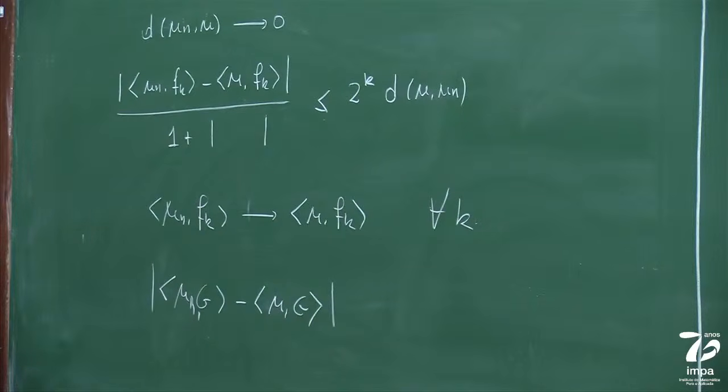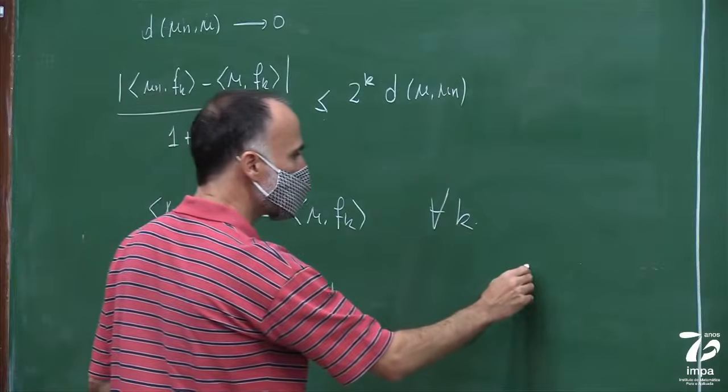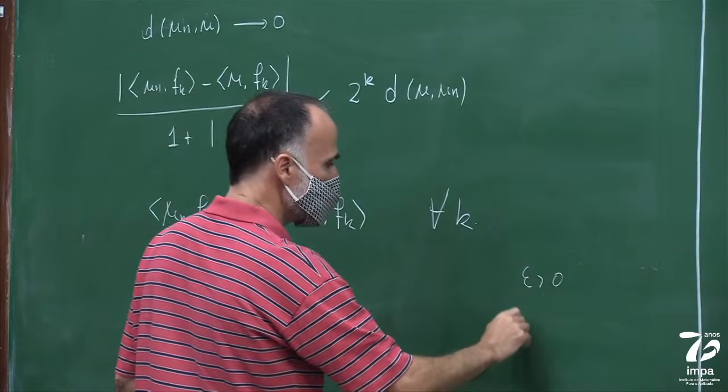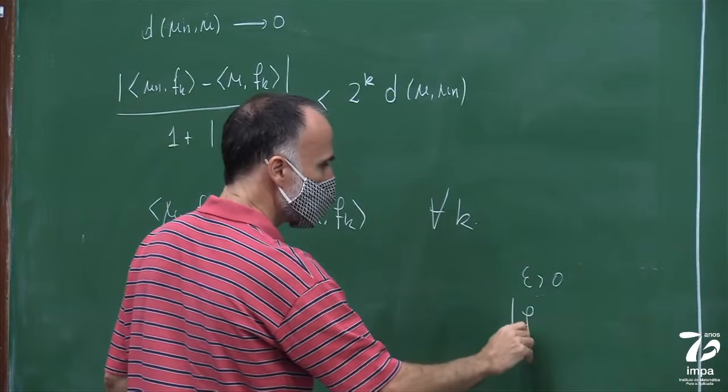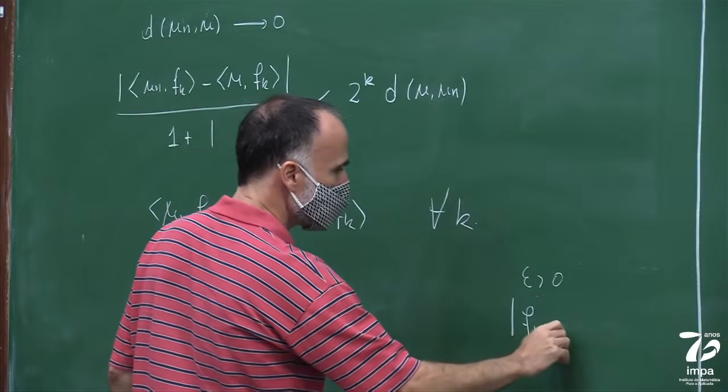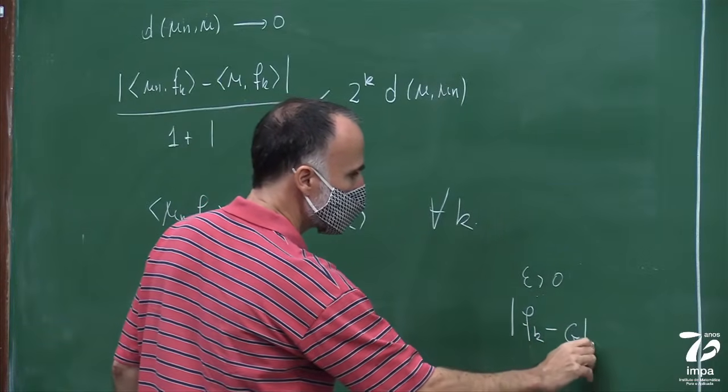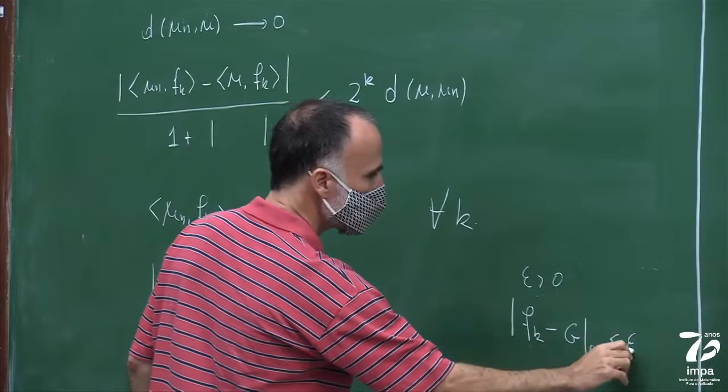But you know that this sequence that you started from, this f_k, it's dense in L infinity. So you fix an epsilon, and you find a k such that the L infinity norm of f_k minus your function g is bounded by epsilon.